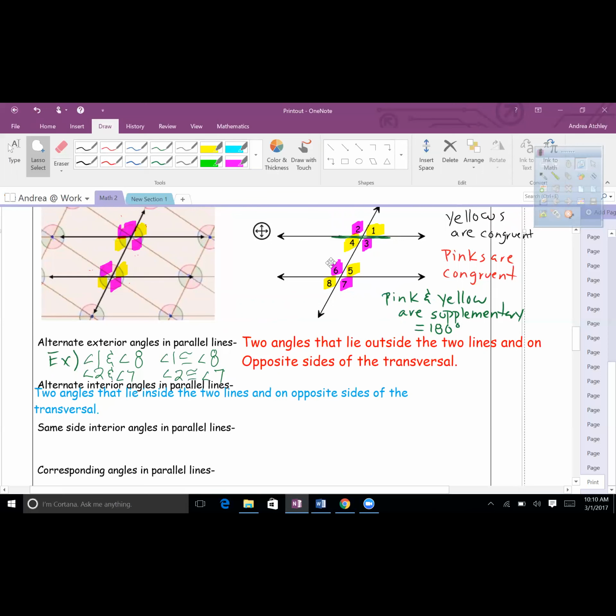So 3 and 6 are alternate interior angles of those parallel lines. Angle 3 and angle 6. And since they're both pink, angle 3 is congruent to angle 6.